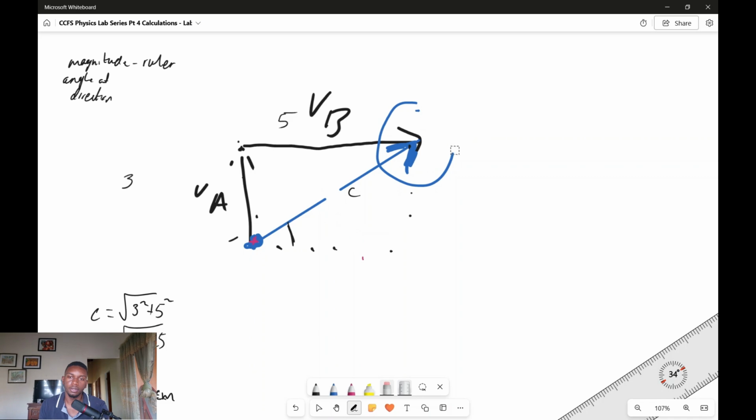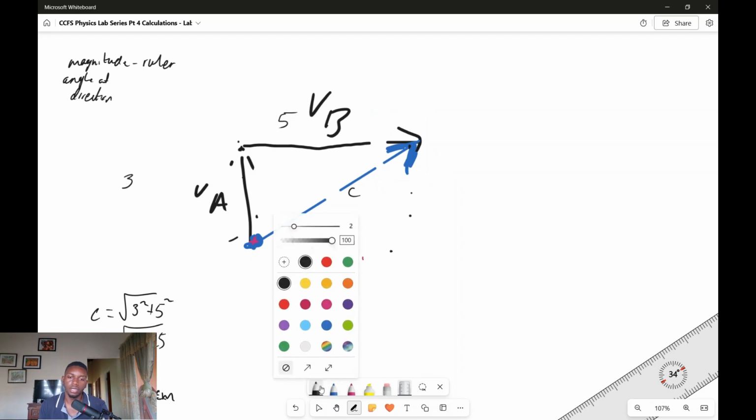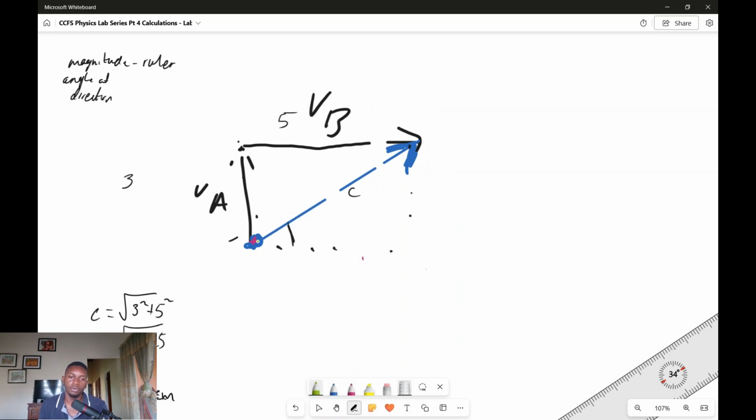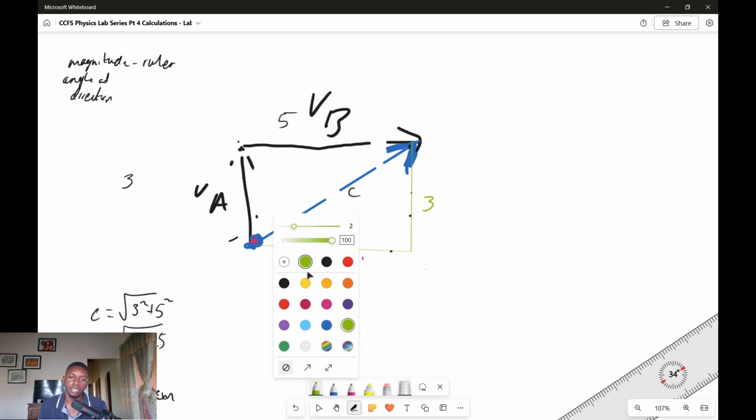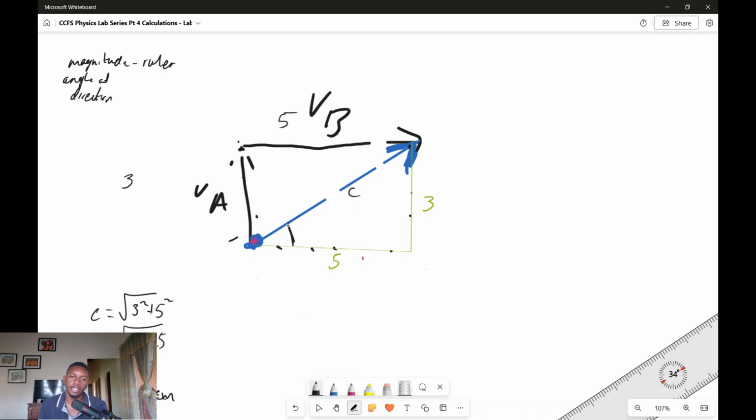If that is now our theta, this is the way we would draw the triangle. I'm looking at this side and this side, 5 and 3, and now we are interested in this bottom angle.